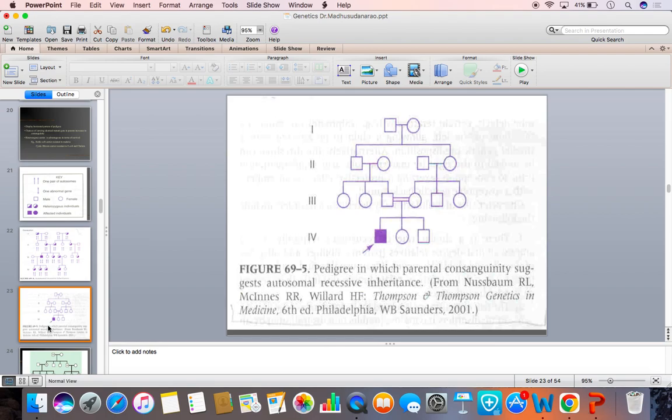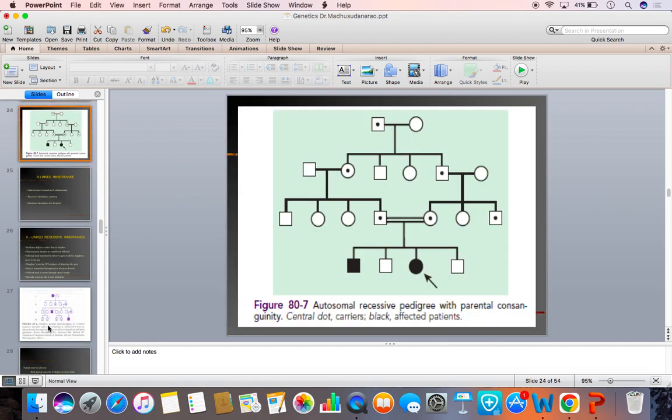This is the consanguineous marriage. Both of them must be carriers, so 25% of the individuals are affected. You see, this picture shows a number of individuals suffering from carrier state.